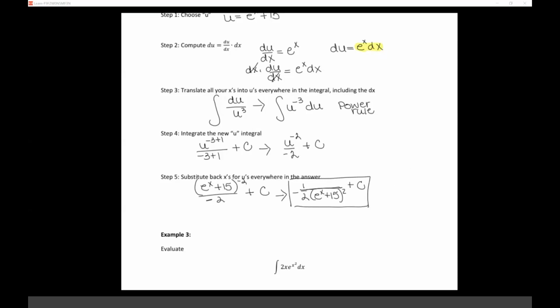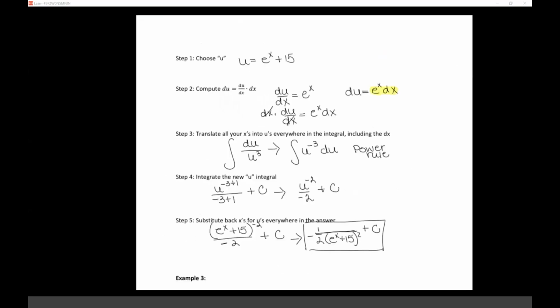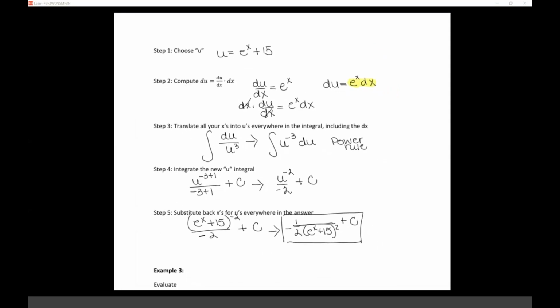Everybody all right with that one? Any questions on example 2? I'll try to get all the steps on the screen at the same time. Any questions on any of these steps?